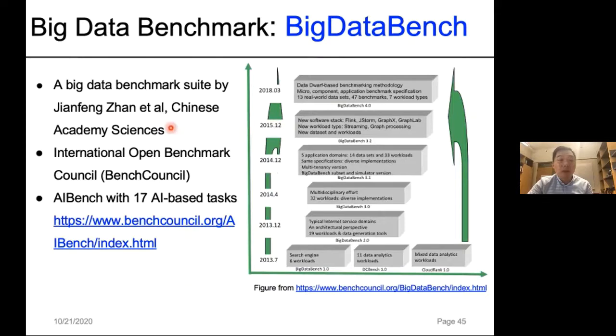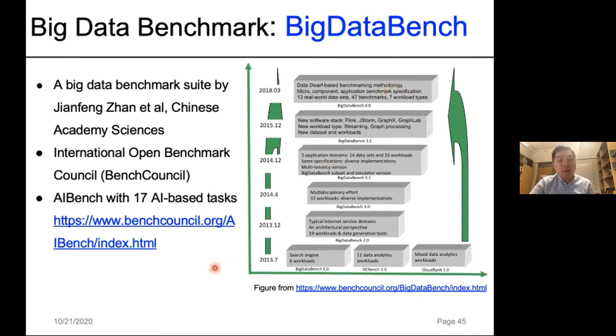It's also a big data benchmark suite by Jianfeng Zhan from the Chinese Academy of Sciences, and it belongs to the International Open Benchmark Council, BenchCouncil. It was proposed in 2013, and now, by developing more benchmarks and more workloads, it has evolved to BigDataBench 4.0, and this benchmark now includes 13 real-world datasets, 47 benchmarks, and 7 workload types.